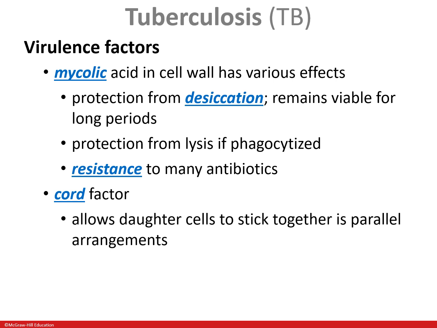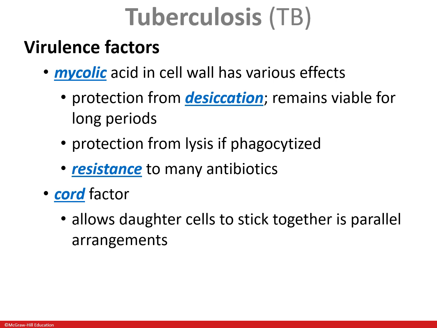But the strains of tuberculosis that are virulent all have something called cord factor, and this is basically something that allows, when the bacteria start to replicate, them to stick together in a way that's different than what we would see, for example, like a chain arrangement. So don't think streptococcus when you think of these guys sticking together in parallel arrangements, because these are actually bacillus.